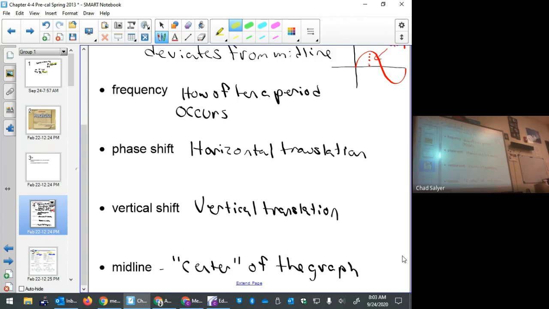And these last two are pretty intuitive. The vertical shift is the vertical translation, up or down. And the midline is the center, if you will, of the graph. So imagine if you averaged all the values of a periodic function, wherever that would land would be considered its midline.